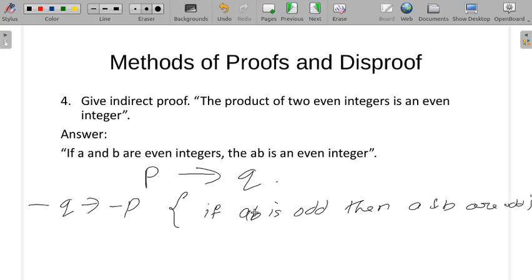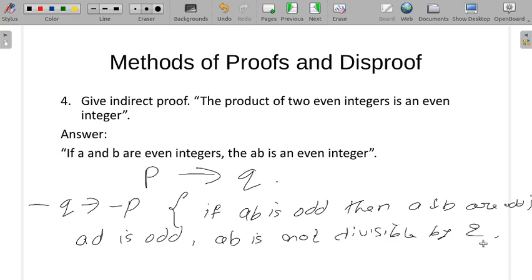If ab is an odd integer, so we assume that negation q is true. So ab is odd. That means ab is not divisible by 2. Now if that is the case, then a is not divisible by 2.